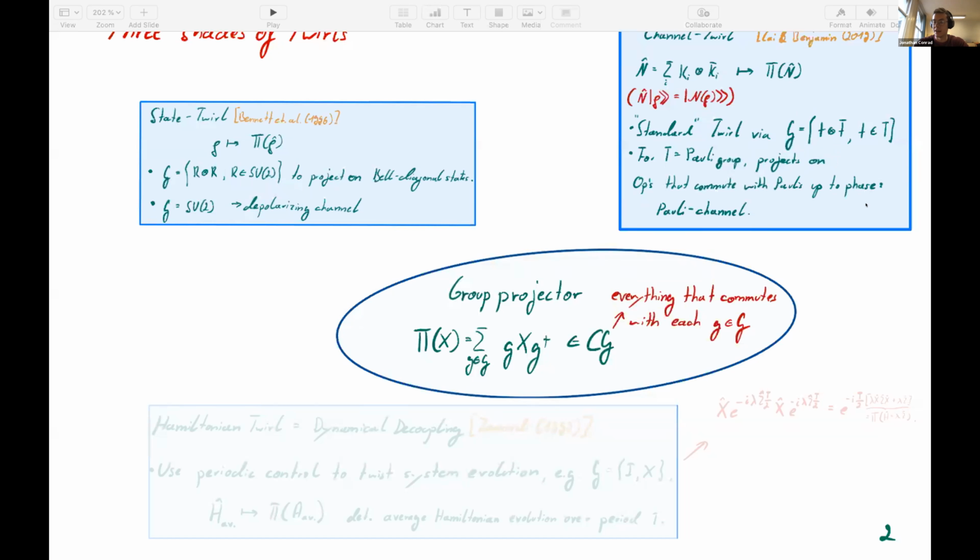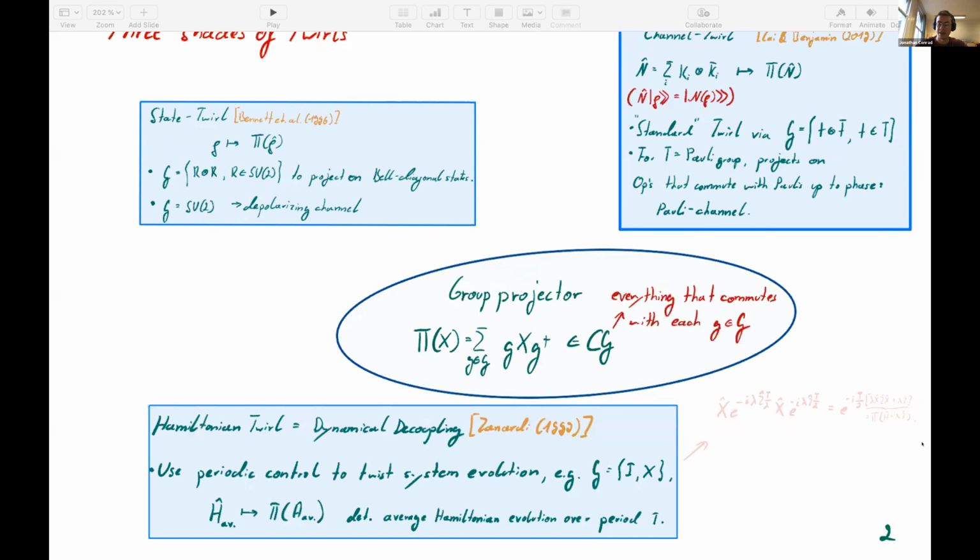Ergo, we will get an effective Pauli channel. This is a very neat trick that you can also implement in actual channels in order to kill off coherent errors, for instance.